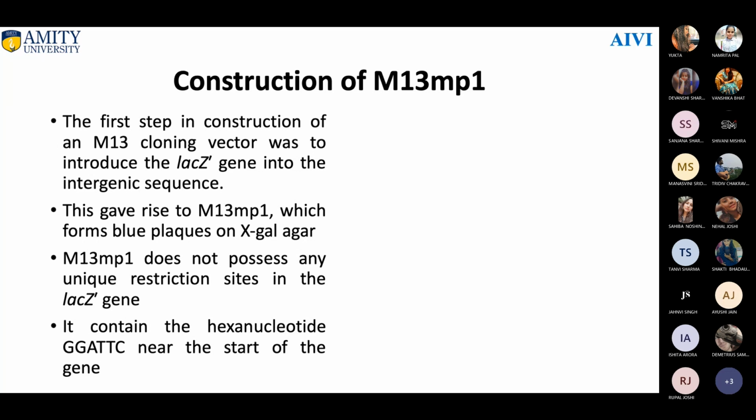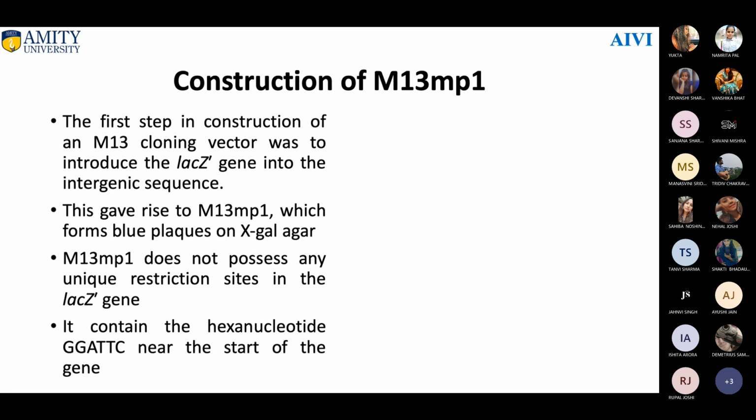You can introduce this gene into the intrinsic sequence, which is 570 bases long. M13 is a single stranded virus, so you can refer to it in bases, but when it is replicating, in the replicative form it is double stranded.